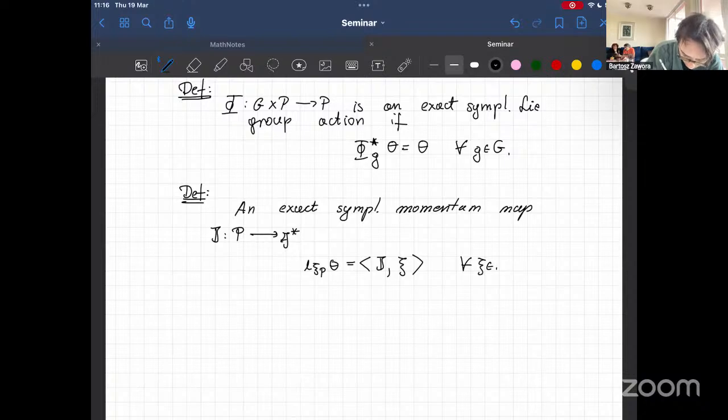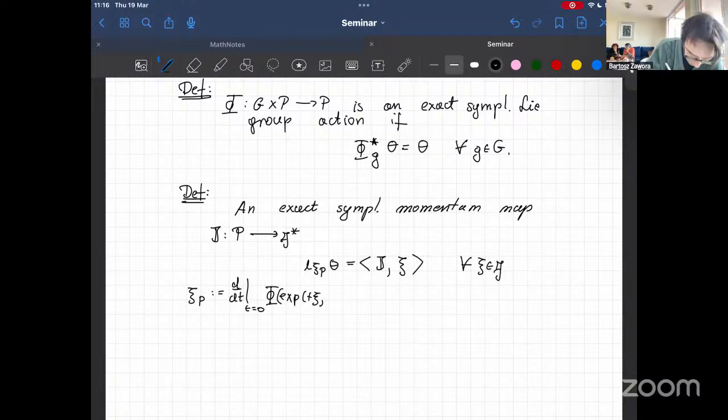for every element in g, right? And psi is the fundamental vector field associated with our Lie group action. So these are the vector fields that are tangent to the orbits of our action phi.